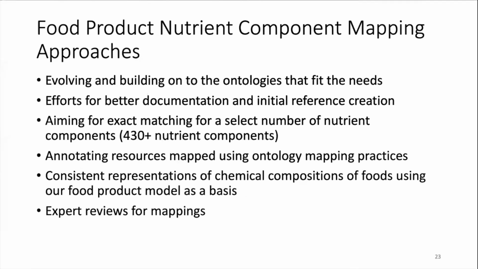We're aiming for exact matching for a select number of nutrient components and annotating resources mapped using ontology mapping practices. We're consistent in our representations of chemical composition components of foods using our food product model as a basis. And we take advantage of the domain experts that are working with us and use their reviews for these mappings.